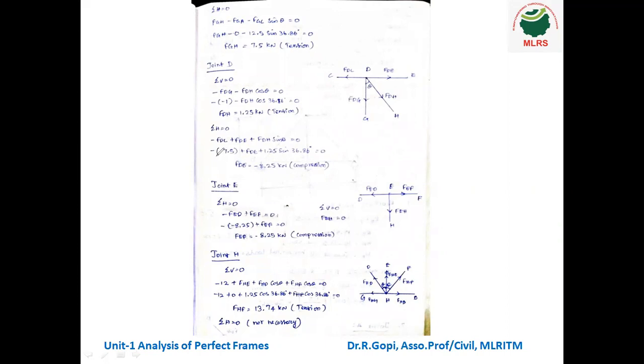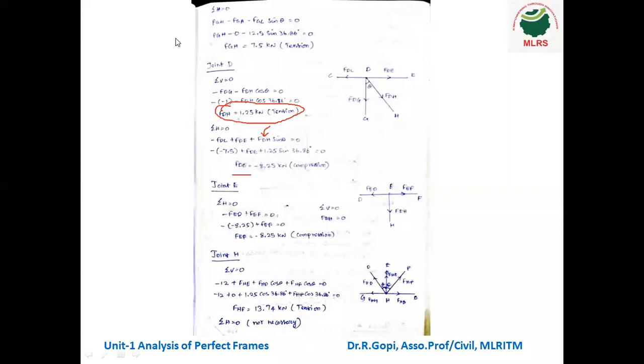So from this FDG value we know, and FDH value also we know. So you can see here previously we found this FDH value, so substitute the value here. So finally we got FDE is equal to minus 8.25 kilonewton compression.